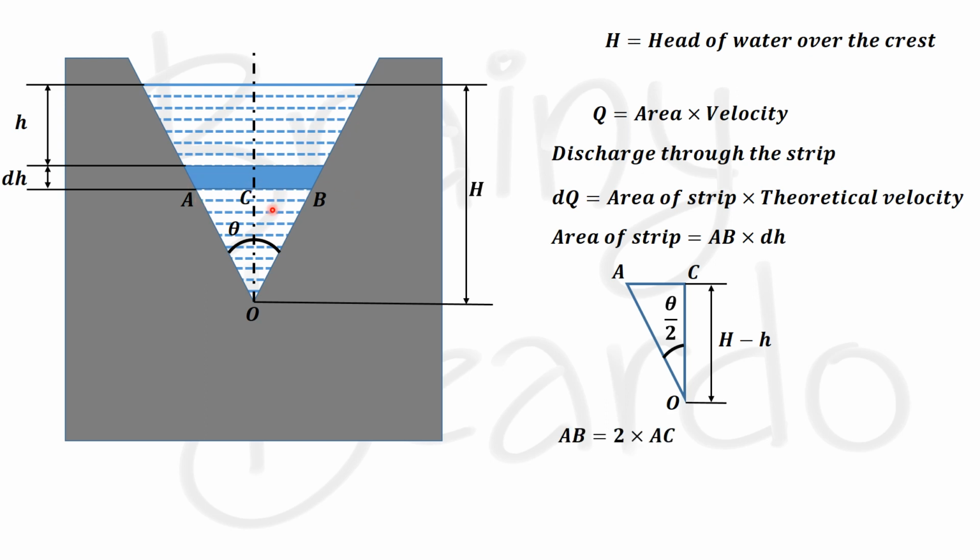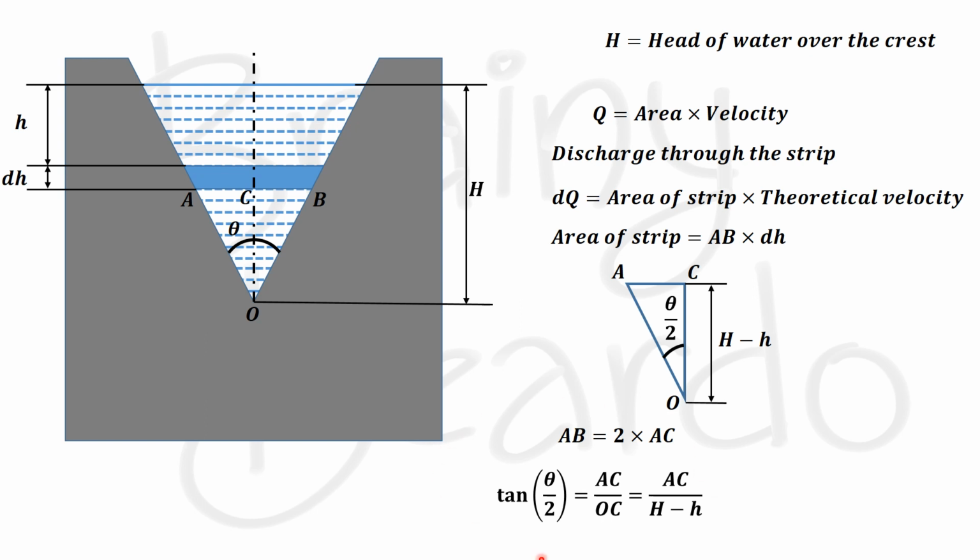To find out the value of AC, we will use this triangle. As you can see from this triangle, we can write tan theta by 2 is equal to AC divided by OC. When I say OC, it is nothing but capital H minus small h. So, tan theta by 2 is equal to AC divided by capital H minus small h.